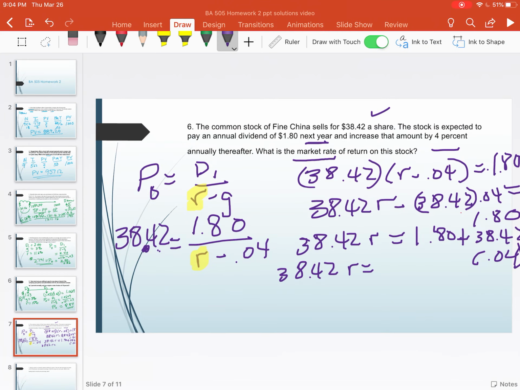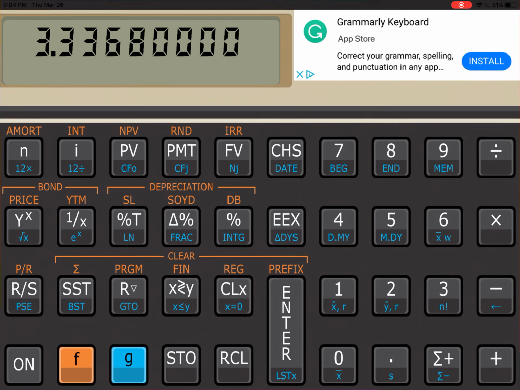So 3.3368, and then R is equal to 3.3368 divided by 38.42. And so we can go back to our calculator.